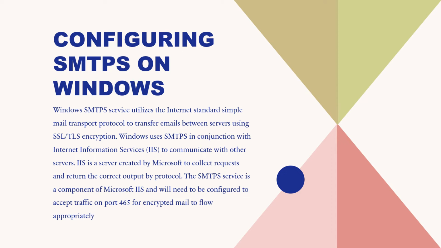We covered IIS before. It's a server created by Microsoft to collect requests and return the correct output by protocol. The SMTPS service is a component of Microsoft IIS and will need to be configured to accept traffic on port 465 for encrypted mail to flow appropriately.